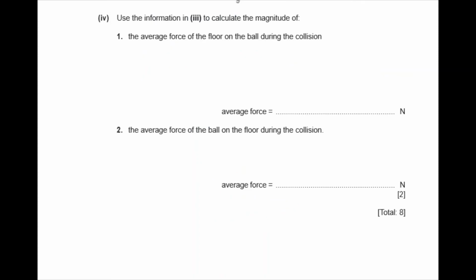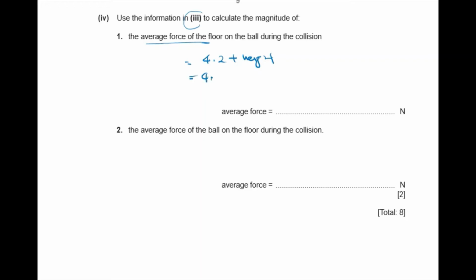B4. Use the information in 3 to calculate the magnitude of the average force of the floor on the ball during the collision. So the average force of the floor equals the average resultant force on the ball, the one that you calculated in B3, which is 4.2, plus the weight.